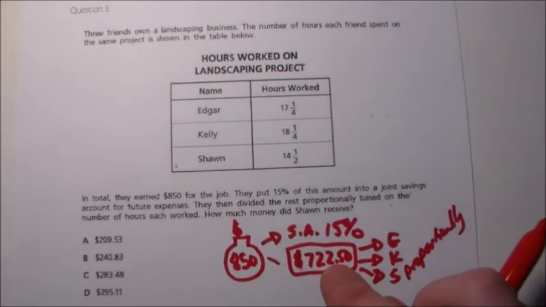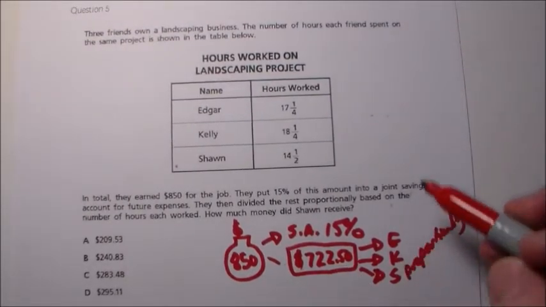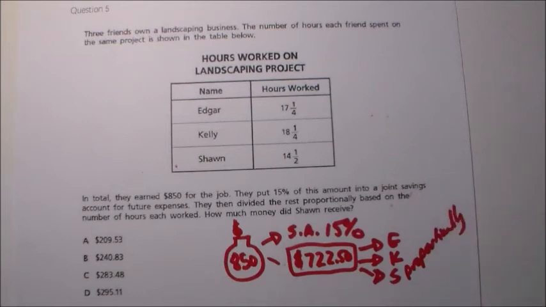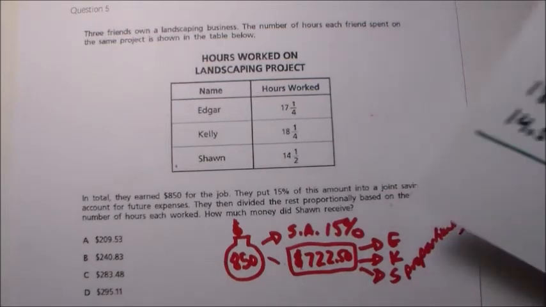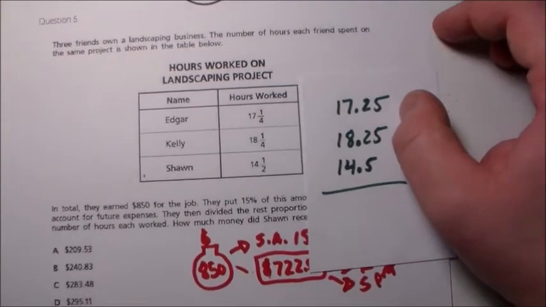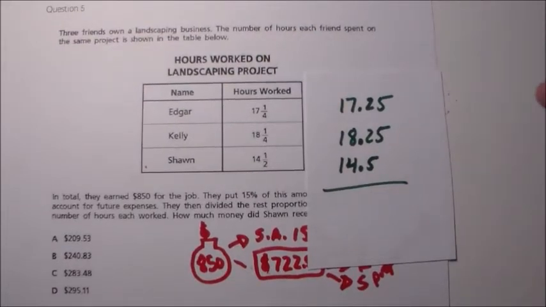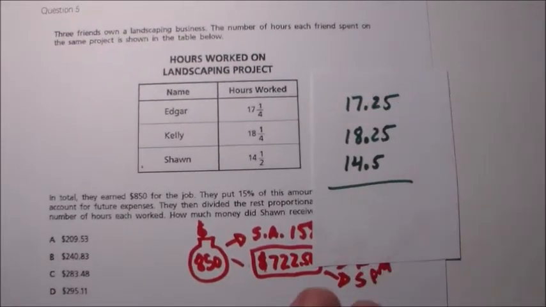Okay, so next, how are we going to divide this up proportionally? We can't just divide by 3, because it's proportional to the amount of hours they worked. Well, let's find out how many hours they worked. First, I'm just going to change these into decimals because that's easier to work with in my mind.